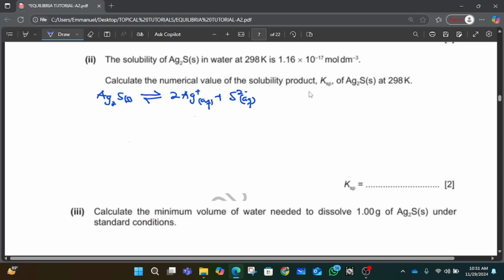To find the Ksp, we need the concentrations of the ions of this salt. But you have been given the solubility or the concentration of the Ag2S salt as 1.16 times 10 power minus 17. And so we write that under this, 1.16 times 10 power minus 17.